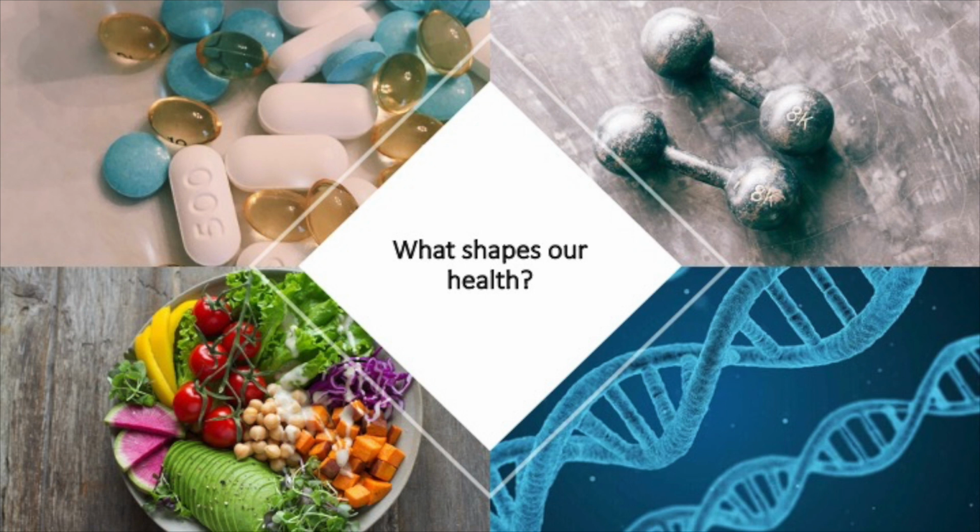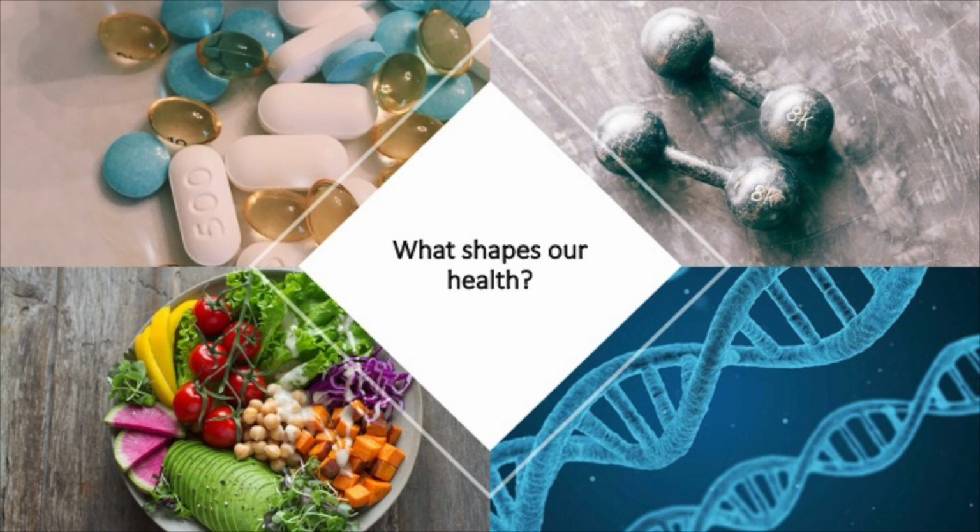Often we think about the behaviors that we engage in as individuals, such as exercise and diet. Or we might also think about our genes. Perhaps hypertension or breast cancer runs in the family, so we assume that our health is something that is biologically determined, at least to an extent. Or maybe we think about medicines and treatments that are used to manage health conditions, such as hypertension or diabetes.